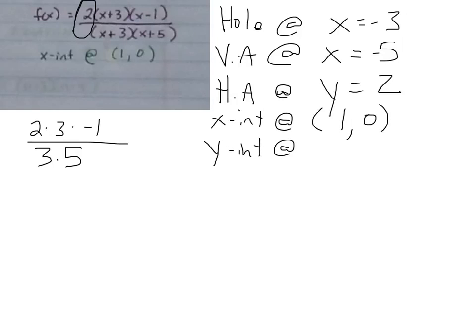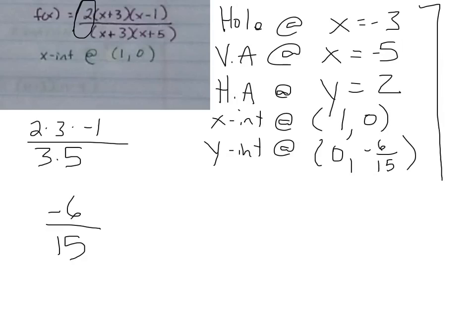All total, we wind up getting negative 6 over 15. So we have a y-intercept at 0 comma negative 6 over 15. So the skill test, we will need to find all 5 of these features if they exist, and then we'll need to draw a graph of those 5 features.